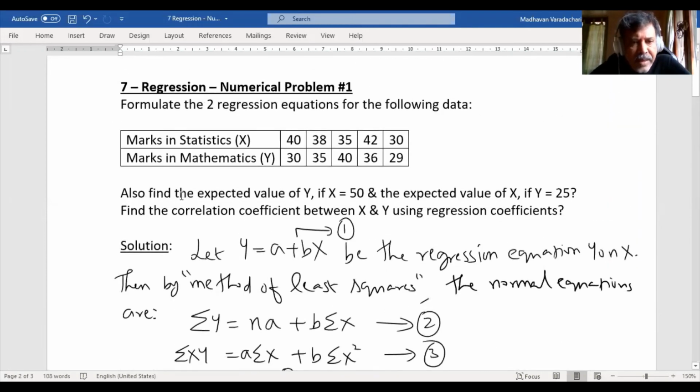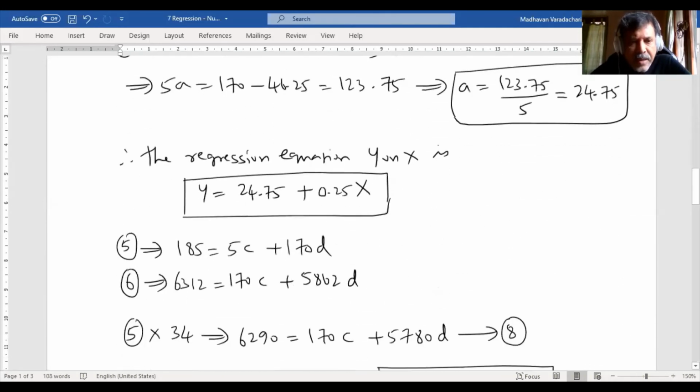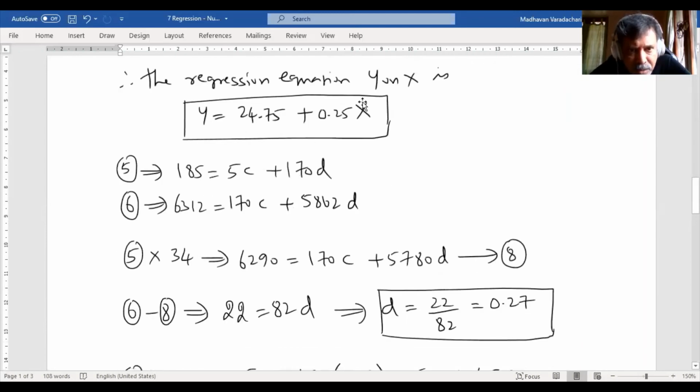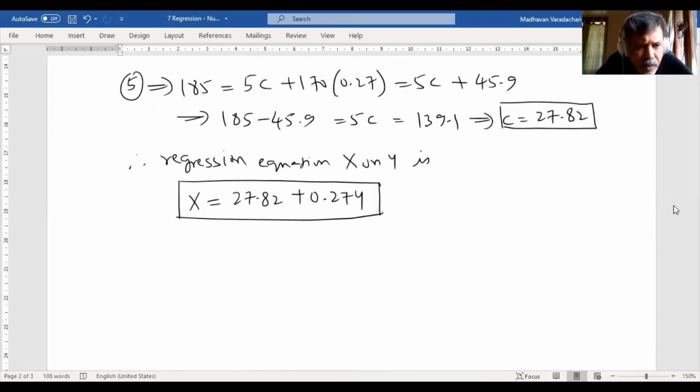Next is to find the expected value of y if x is equal to 50. Means x is known, you have to find y. So I will have to use this equation so that I can substitute the x value here to find y. This is the second part of the question. If x is equal to 50, find y.